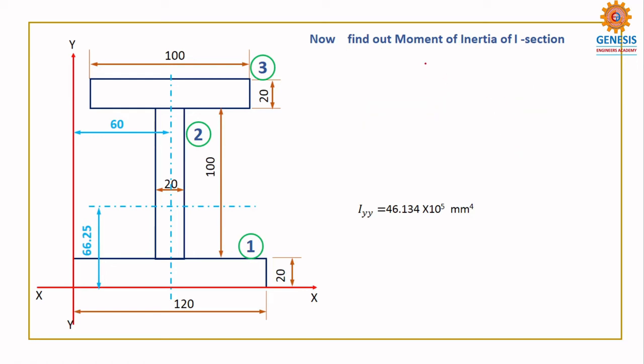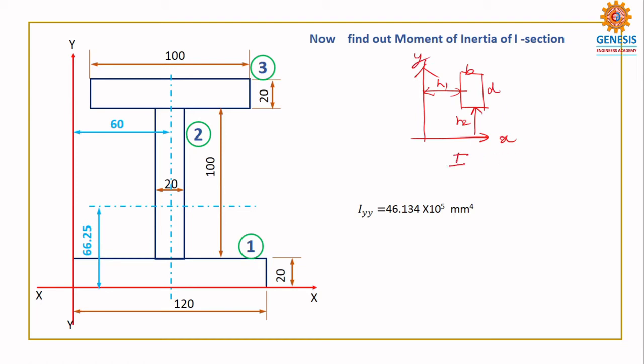What happens if the section is away? Suppose it is at a distance h1 and this is at a distance h2. So this is B, this is D, and this is the x-axis, this is the y-axis.